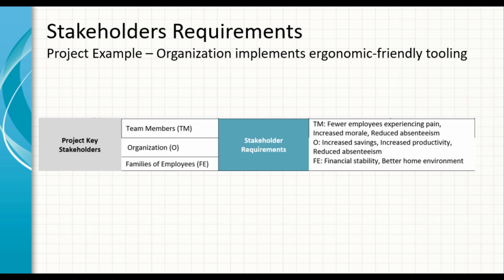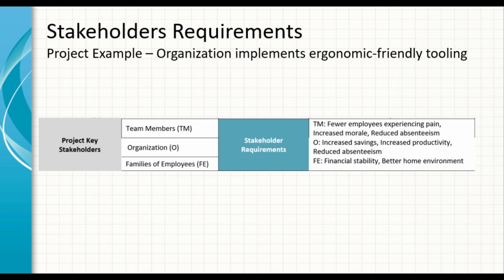Now on to the last of the project key stakeholders. This may surprise you, but the families of the employees also would count as a key stakeholder. This stakeholder group has two requirements, first of which, continued financial stability. So if their loved one's not missing work due to soft tissue injuries, that means they're not on short-term disability, obviously.